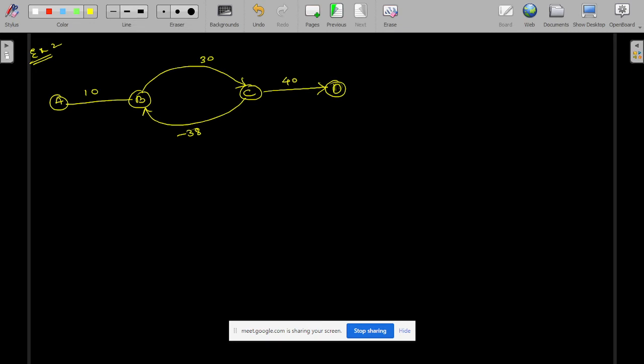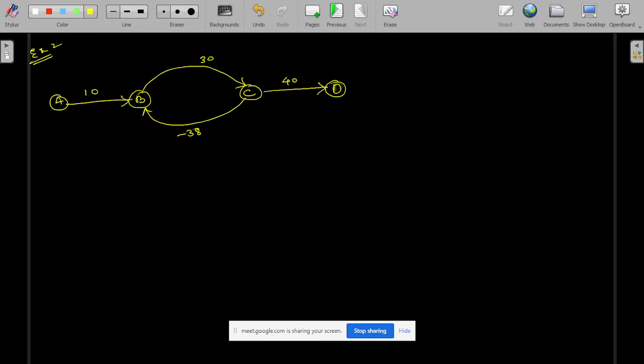From A to B I am moving, then from B to C, then C to D. 30 plus 10 becomes 40, and then 40 minus 38, what will it become?